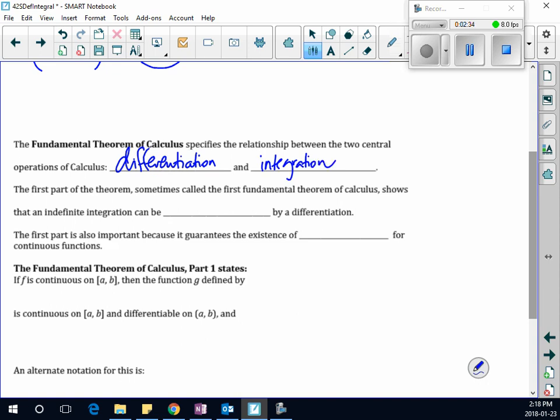The first part of the theorem, sometimes called the first fundamental theorem of calculus, shows that indefinite integration can be reversed by differentiation. The first part is also important because it guarantees the existence of anti-differentiation for continuous functions.